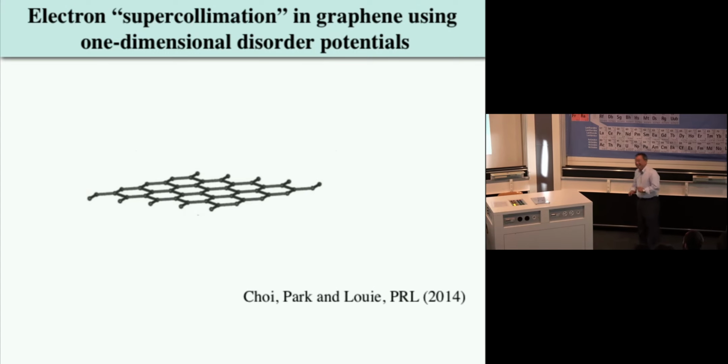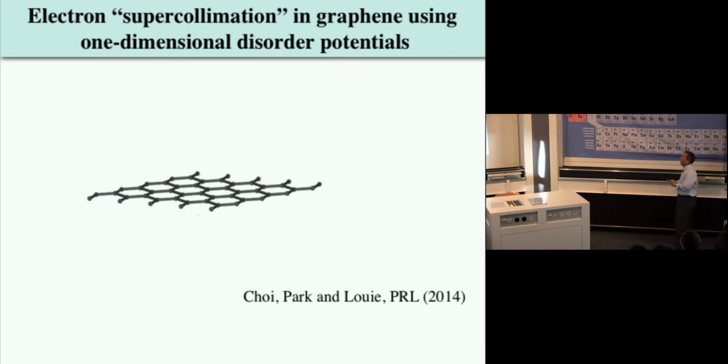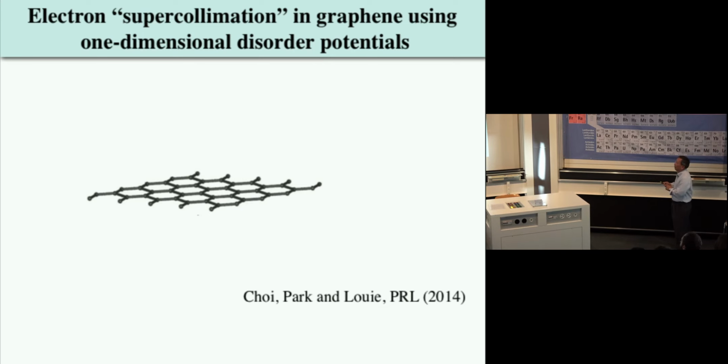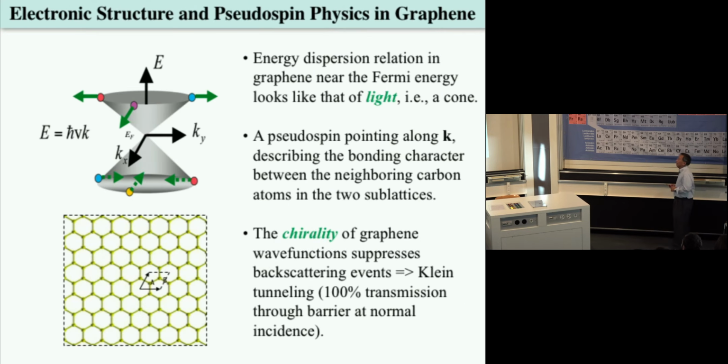So let me begin with the discussion of this phenomenon of electron supercollimation by a 1D disorder potential. As you probably all know, the electronic structure of graphene is quite unique. For the low energy carriers, it has a linear band dispersion.